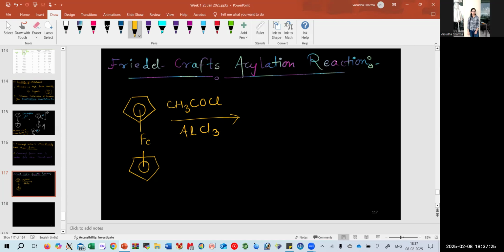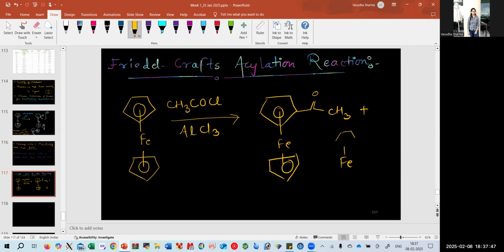We know that H positive is going to be replaced by CH3CO. So we will get either mono substitution, the same process that we have shown earlier, or we can get di-substitution in both the rings.